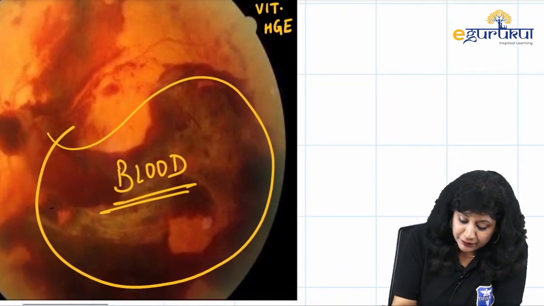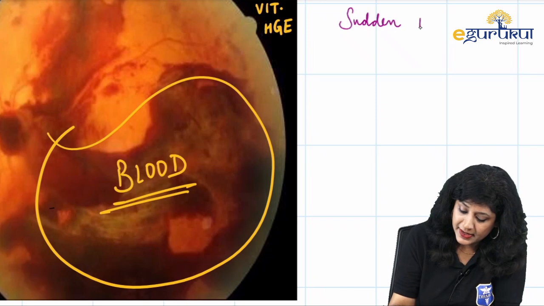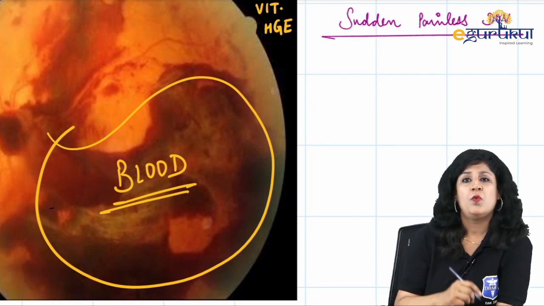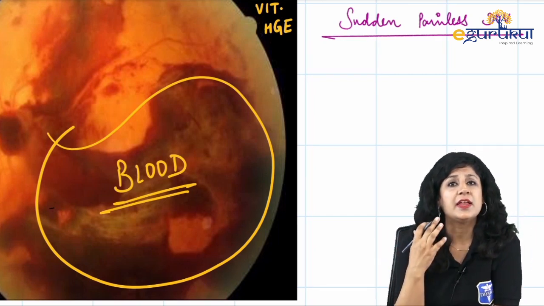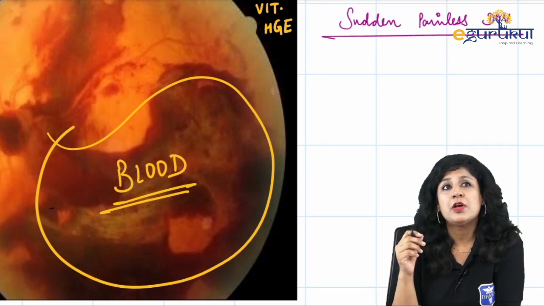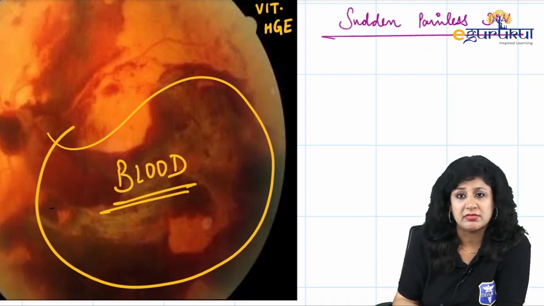Now whenever you are having a patient of sudden painless diminution of vision, one of the important DDs that you can keep in your mind is the vitreous hemorrhage. Now if you are having the vitreous hemorrhage, what are the different etiologies you can think of?